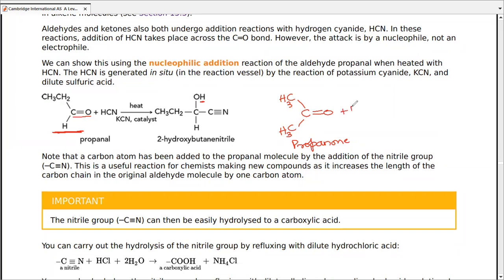So when it reacts with HCN, what happens? CN goes in first, attacking the carbon atom. This bond goes on oxygen, which then takes this hydrogen to form the alcohol. I tend to write it a little bit differently: CH3, C, OH, CN, CH3, like this. I sometimes tilt it, that's fine.